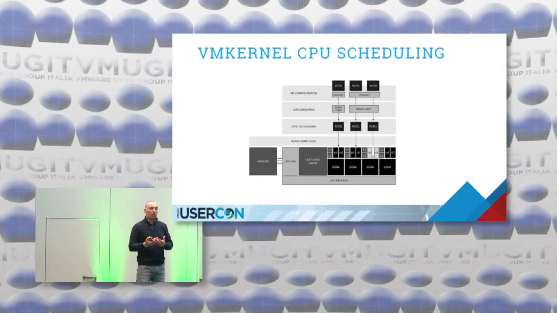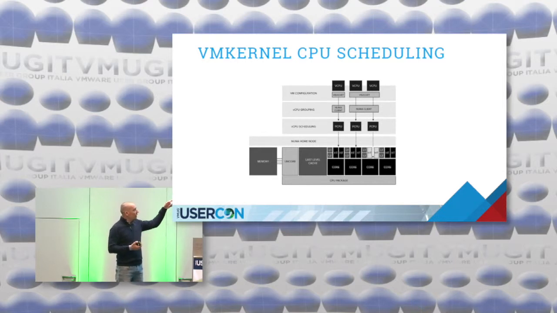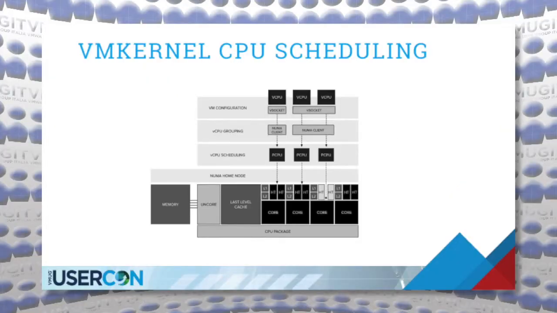The CPU scheduler takes that NUMA client and takes the CPUs inside that NUMA client, and it configures it and schedules it on the physical CPU. Now we like to call that the pCPU. That's the element inside the CPU scheduler itself. So the P does not stand for physical, what most people think. But we had to give it a name.